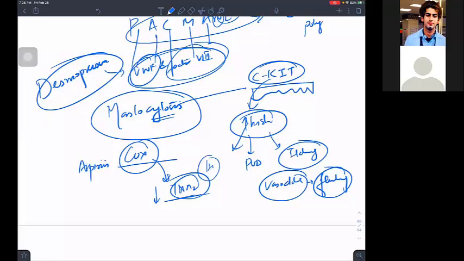If I have a deficiency of GP2B3A, Glanzmann's thrombasthenia, that's a beautiful answer. I have deficiency of GP1B: Bernard-Soulier syndrome. Do we remember the joke on Bernard-Soulier?